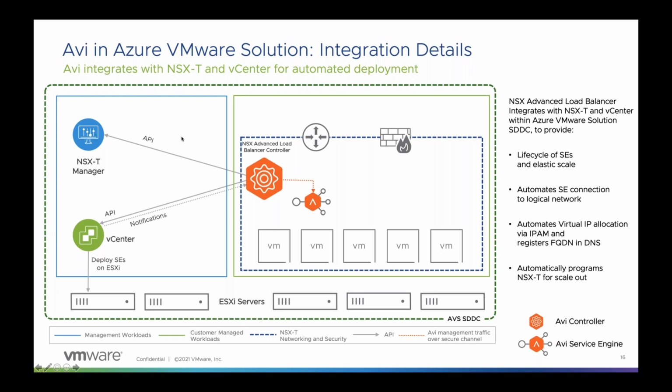With that, the controller will discover all the NSX and vCenter infrastructure within the Azure DC, for example, logical segments, transport zones, all of that. And with that, you'll be able to automate the provisioning of these service engines within the NSX and vCenter environment. If you have an on-premises NSX-based data center, then this will be very familiar to you in a similar way.